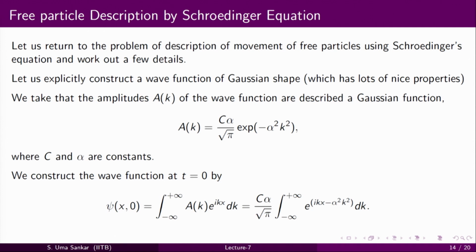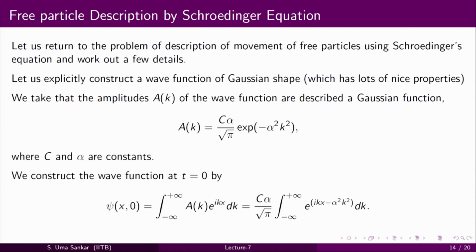We take this A of k and substitute it and construct the wave function, which is equivalent to saying construct the wave packet at t equal to 0. So, psi of x at t equal to 0 is the integral over k from minus infinity to plus infinity of A of k e power i k x dk.